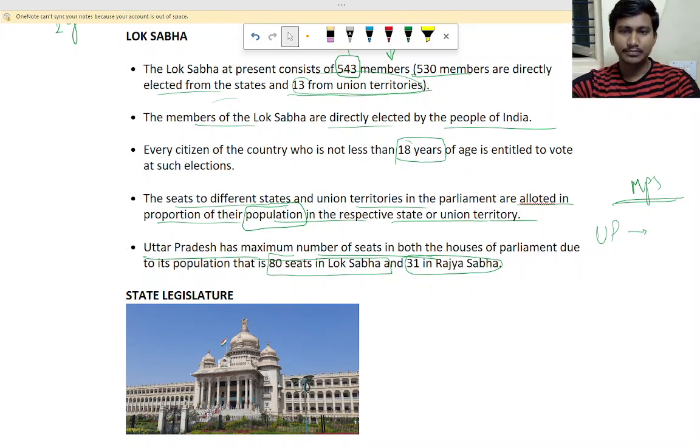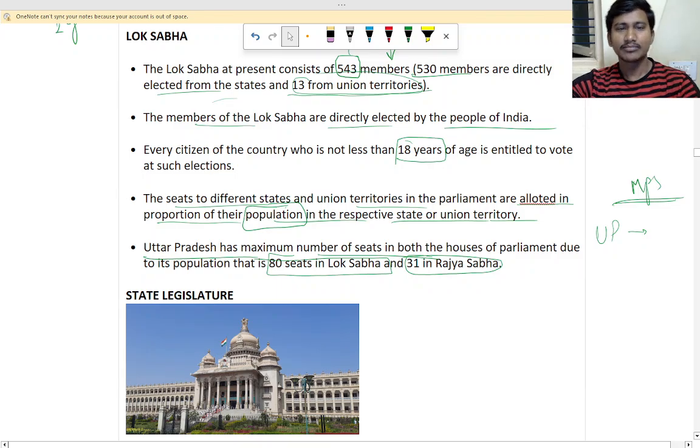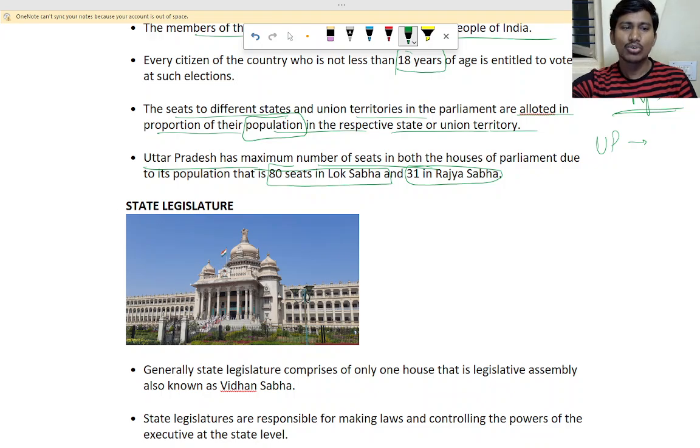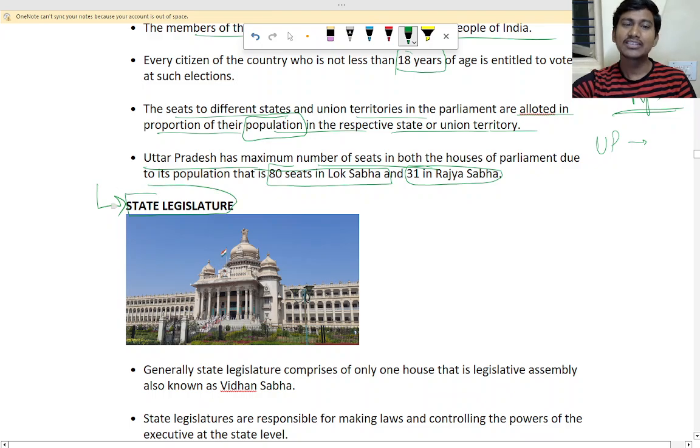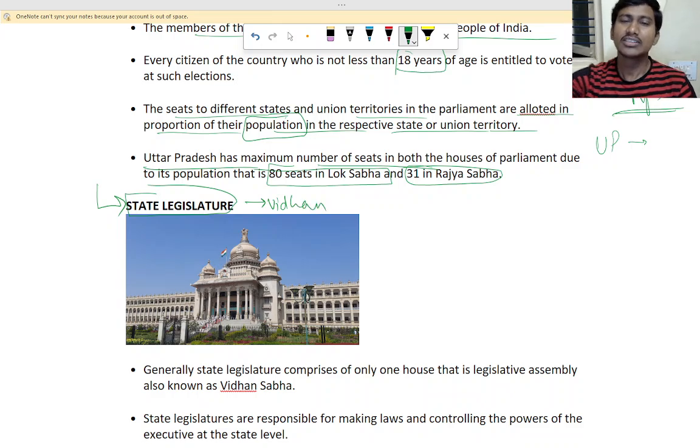Understood? Here we will study about the state legislature now. State legislature means the Vidhan Saudha of the state.